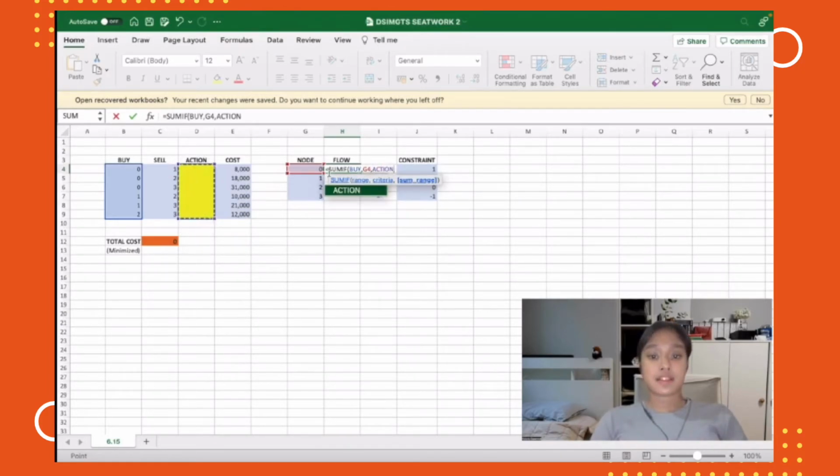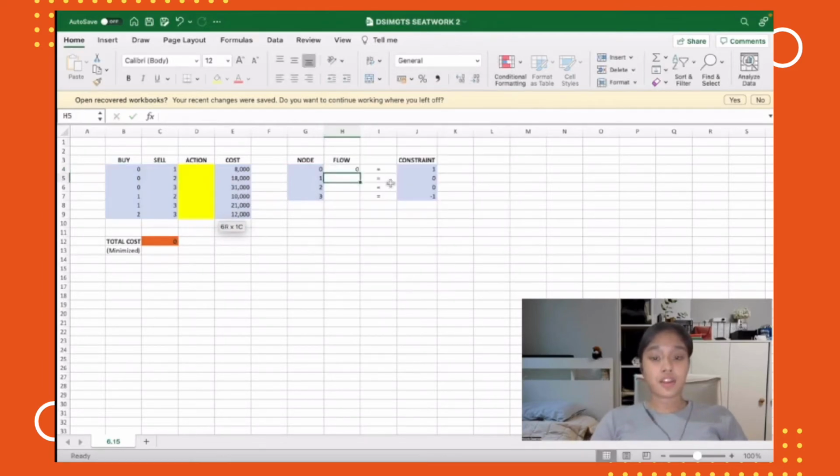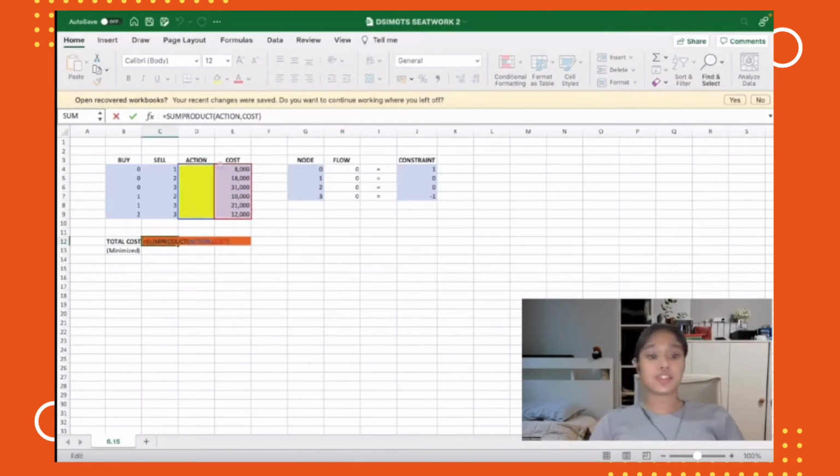Since our cells are named already, we can just drag it like so, wherein our criteria would be the only one to change. So the nodes. If your cells are not named, utilize the dollar sign. So for our total cost, this would just be the SUMPRODUCT of our actions and the cost.